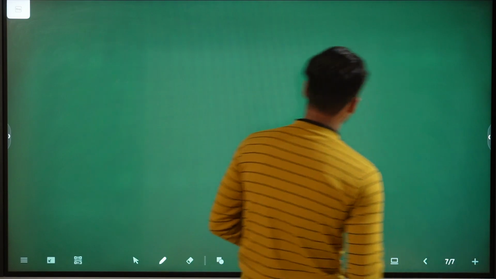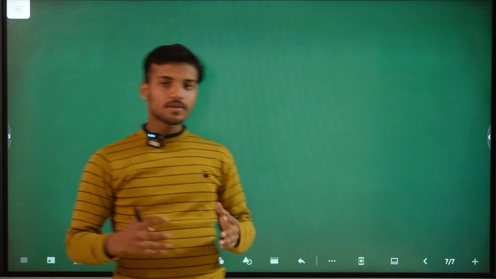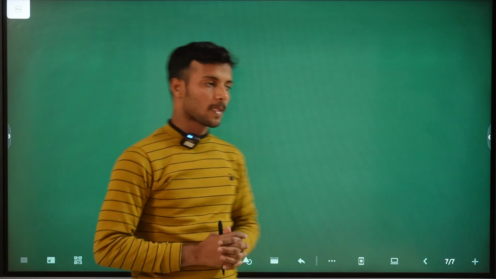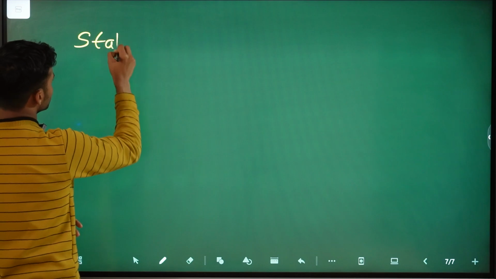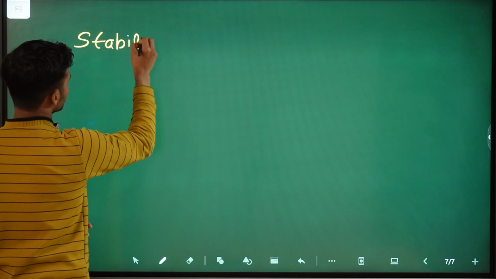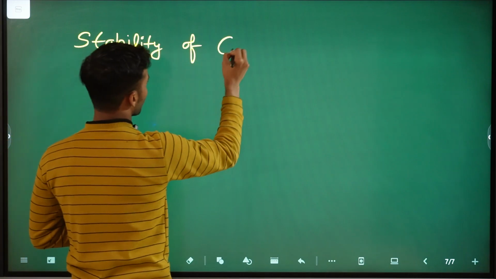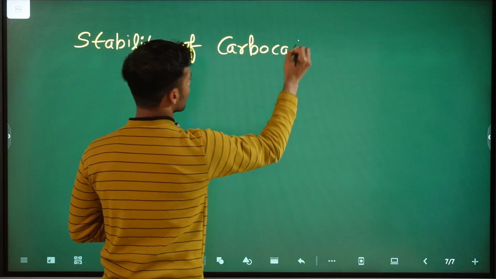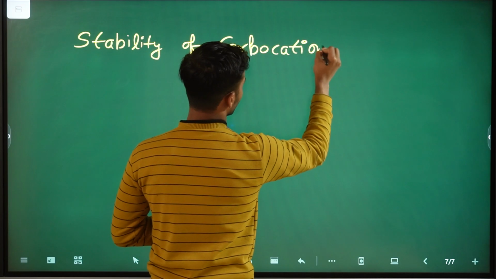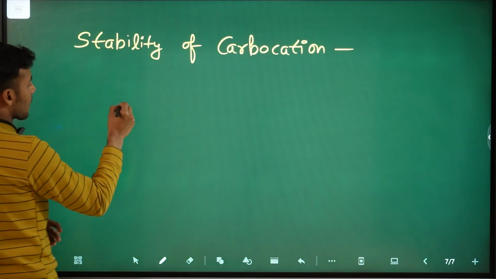Now we will discuss the application of the hyperconjugation effect. The first important application is stability of carbocation. Take an example.